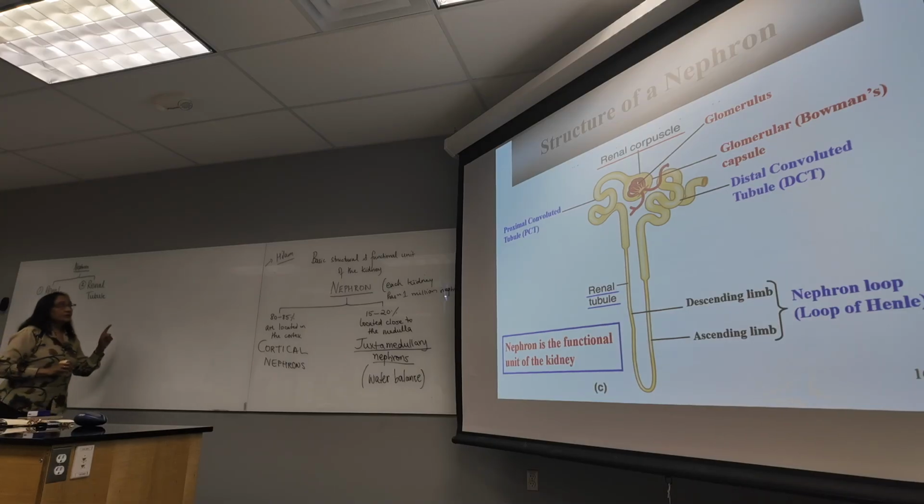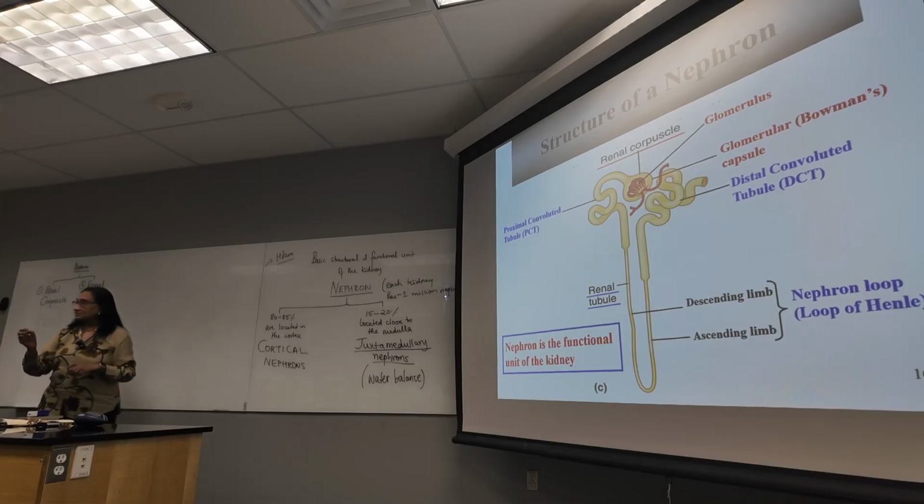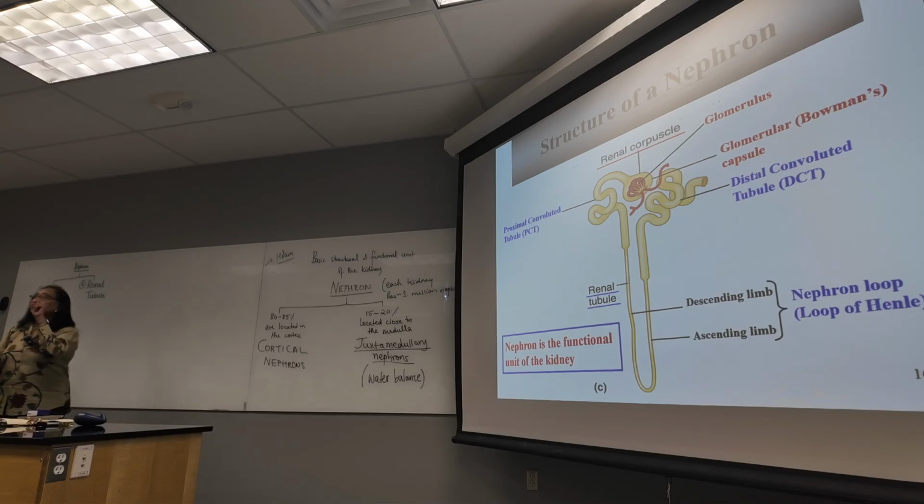Okay, now let's see how it looks like. So let's look at the renal corpuscle. The renal corpuscle is made up of two parts. Renal tubule is made up of three parts. So the renal corpuscle, what is it made up of?